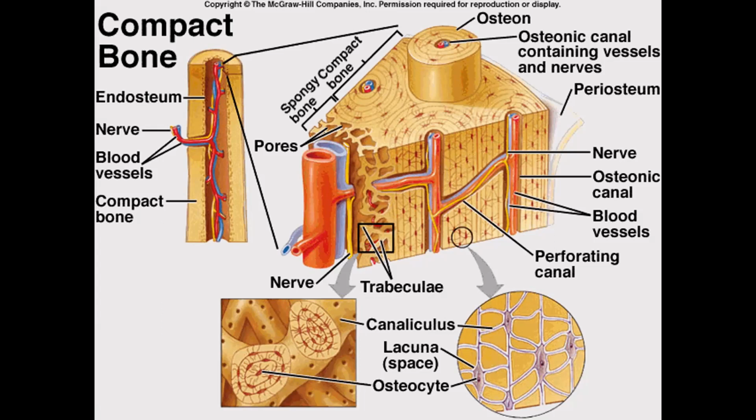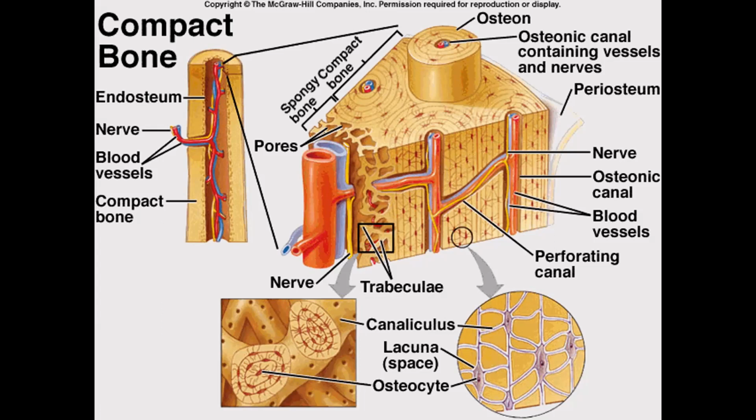Now they're all the same size, they're all the same length. That's what osteons look like. Osteons in compact bone are like straws that run the length of the bone. They're all the same size, they're all the same shape, and they're going to be clustered together.